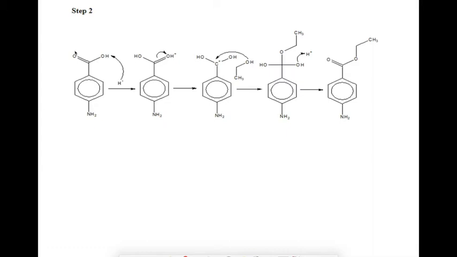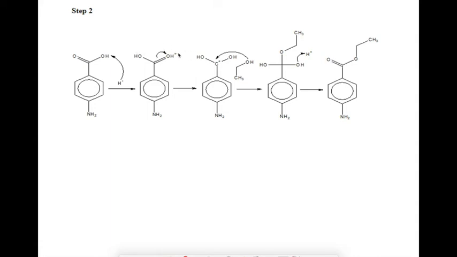The proton attacks the weakest bond among these, the pi bond between the carbon and oxygen. That pi bond breaks down and hydrogen is attached to the oxygen.